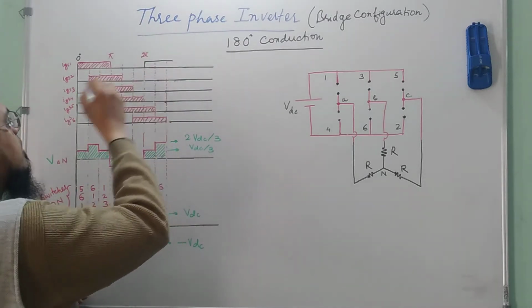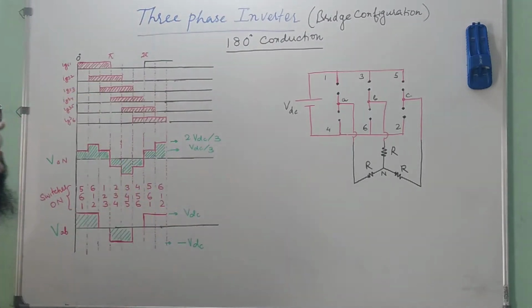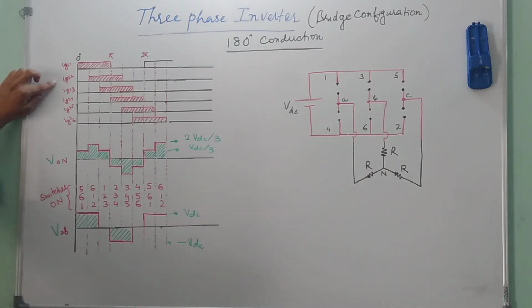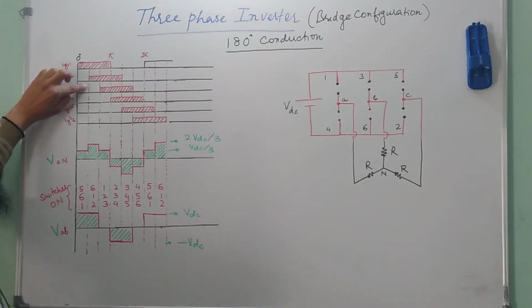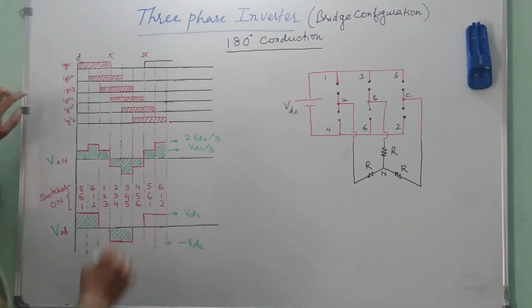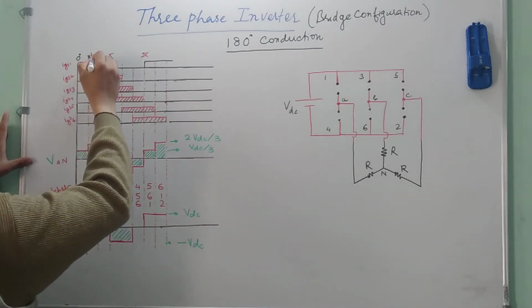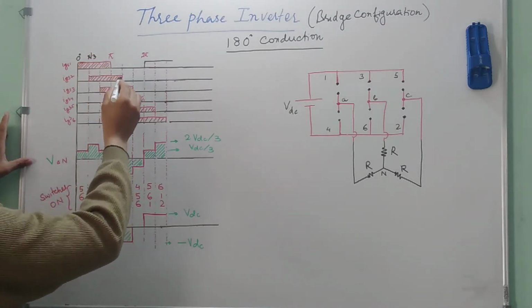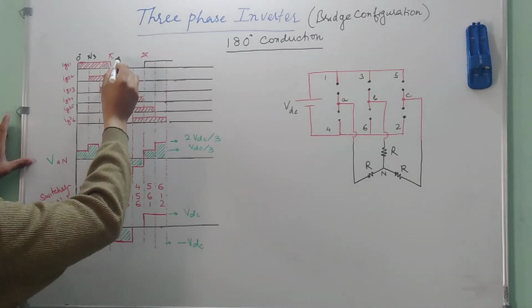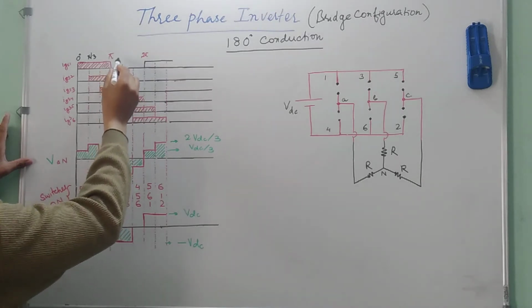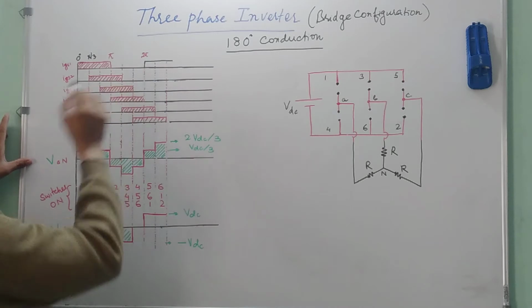Similarly, the second switch is given a firing pulse at 60 degrees, at pi by 3. This is your pi by 3. And it lasts till 180 plus 60, that is 240 degrees.